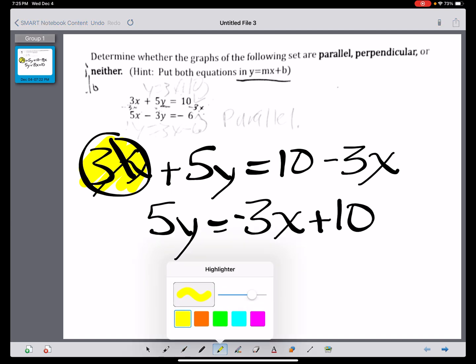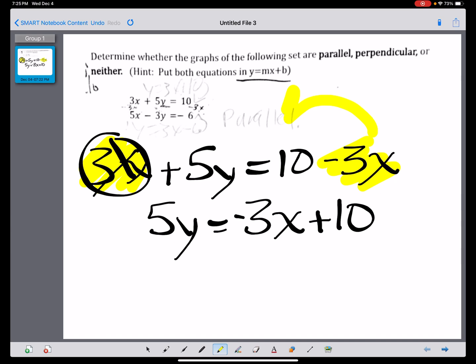If you're confused by the arrangement, all I did was move the negative 3x into the front and back up the 10, as that's the order that traditionally is set for equations. We put the variable terms in front.